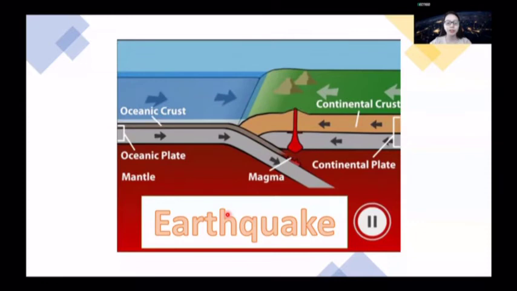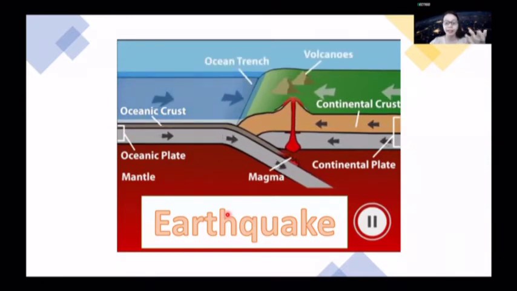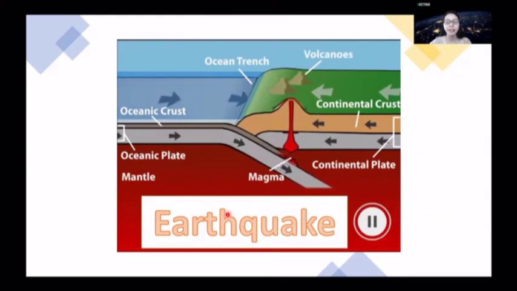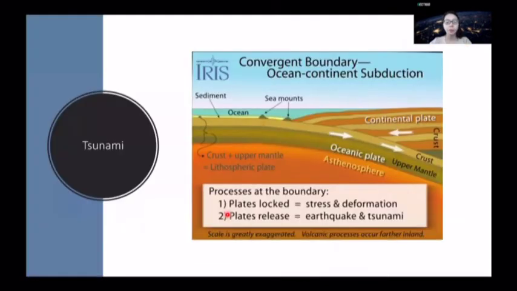Another notable geologic event that will happen during the oceanic and continental plate convergence is the tsunami. Here's another animation to explain how tsunamis are formed.